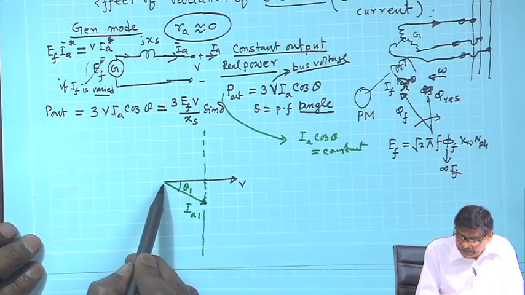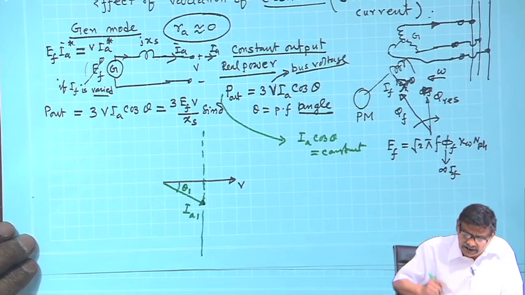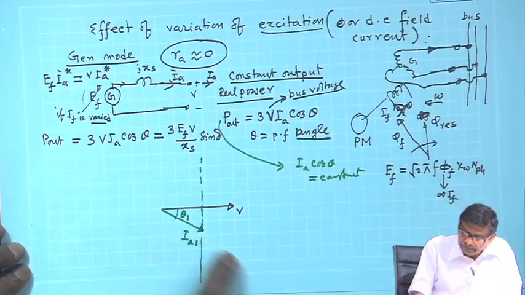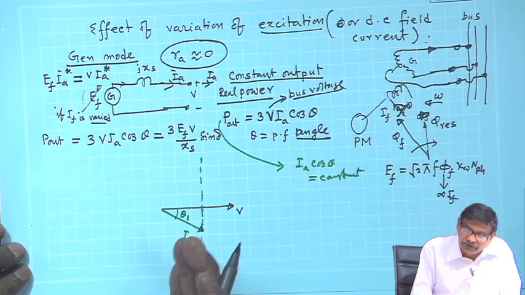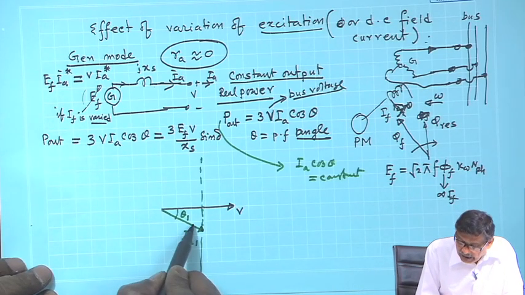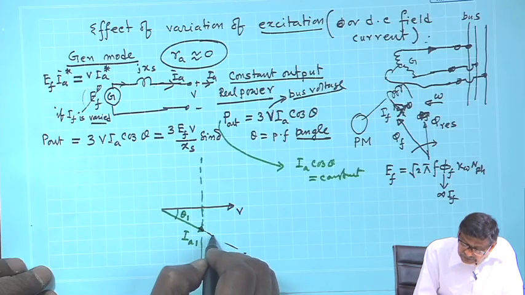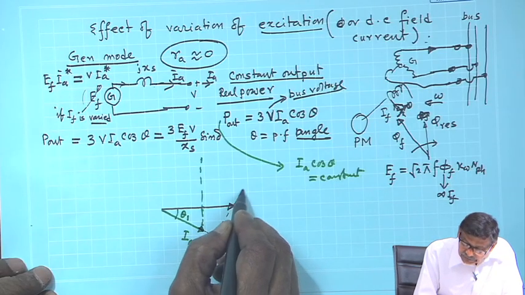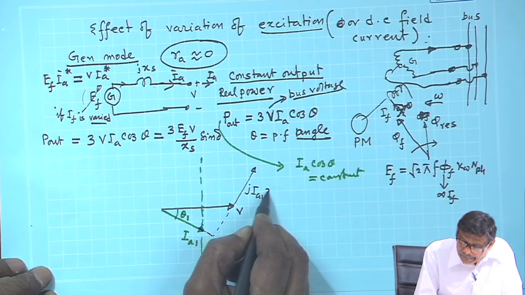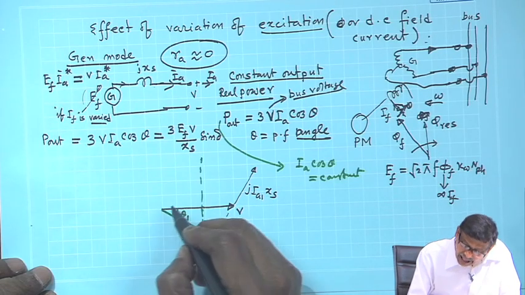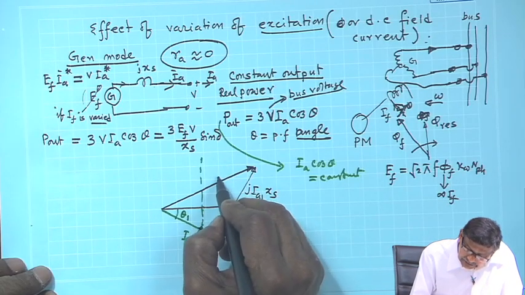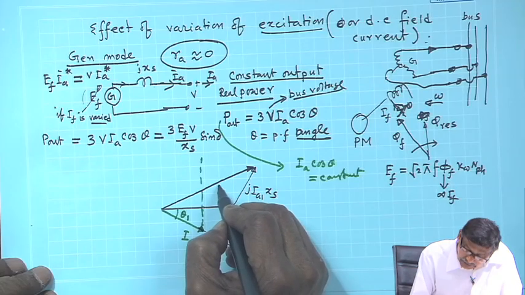Second thing is, at this operating point with some field current I f 1, I now complete the phasor diagram. So, where is your E f? Suppose I want to find out. E f will be V plus j I a x s, is it not, with x s the synchronous reactance. And this excitation voltage, I say this is E f 1.